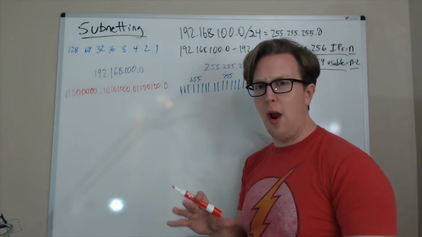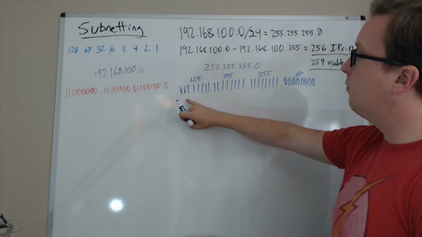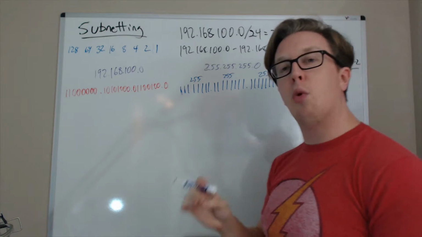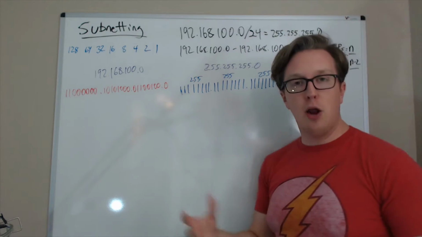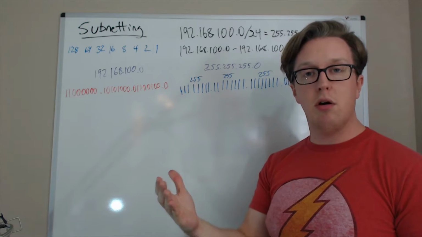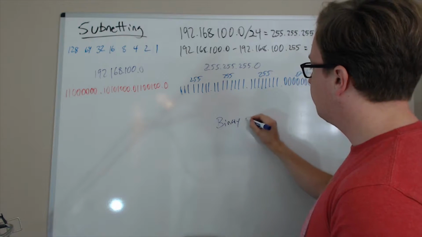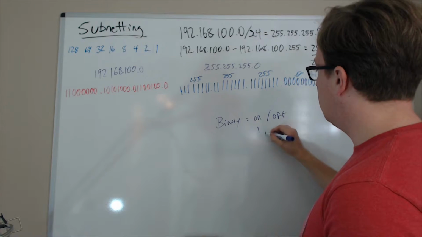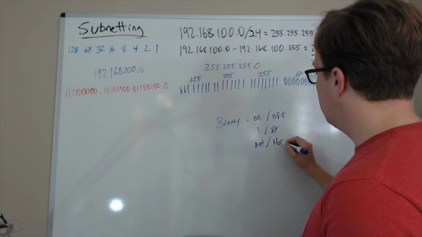So that was very, very quick, and if you guys have issues with that, please let me know. So for a subnet mask, as I said, it tells you where a network starts and where the hosts begin. So how do we figure that out? Well, the network is going to be where the ones are. With the binary, it's on or off, 1 or 0, or network or host.